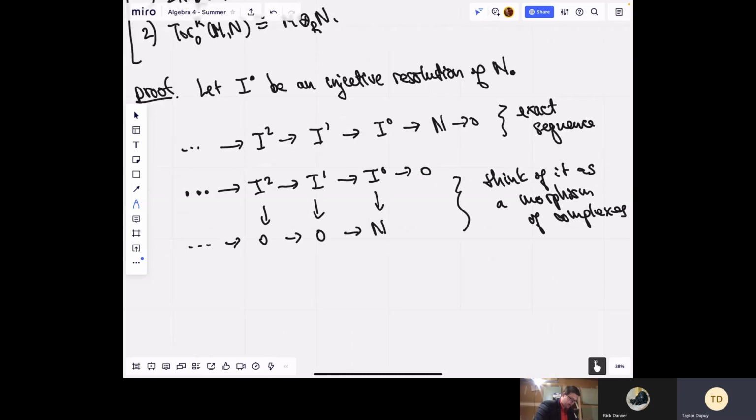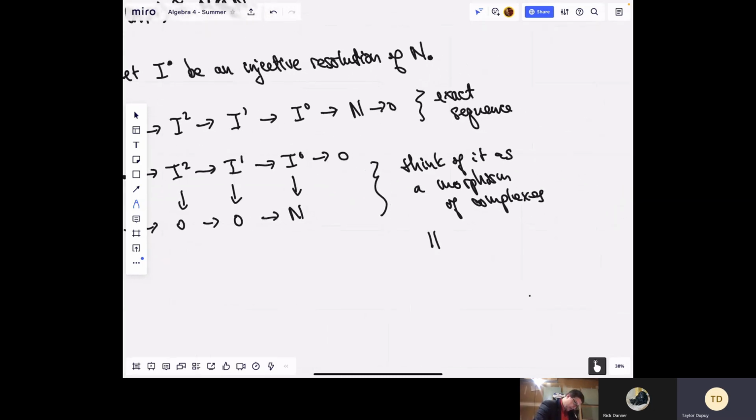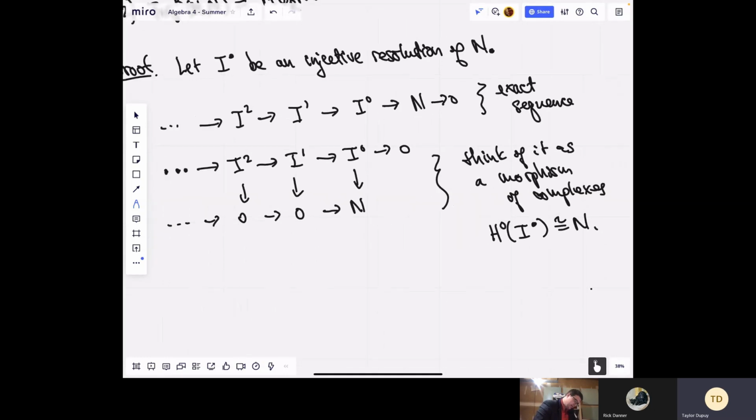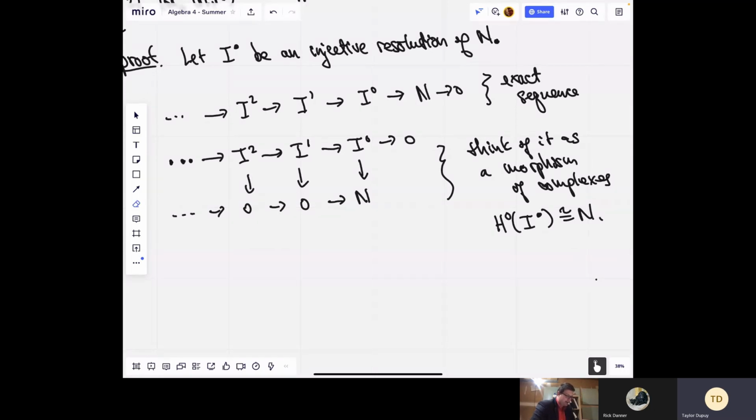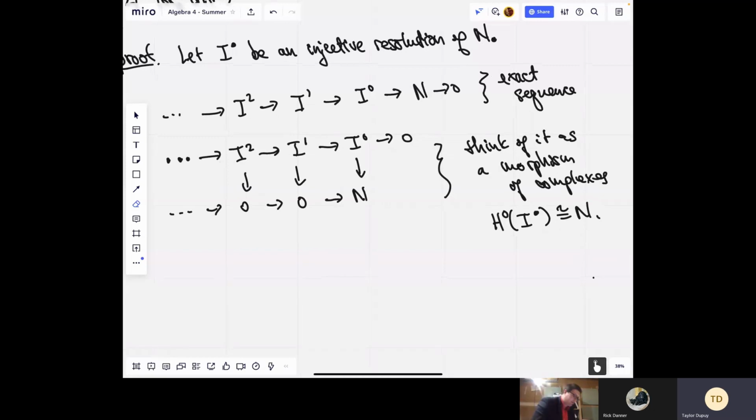The zeroth cohomology here is isomorphic to N. So it's either an exact sequence like this, or a morphism of complexes where these are all injective, and these have zero cohomology at all the other places, and the zeroth cohomology is isomorphic to N.